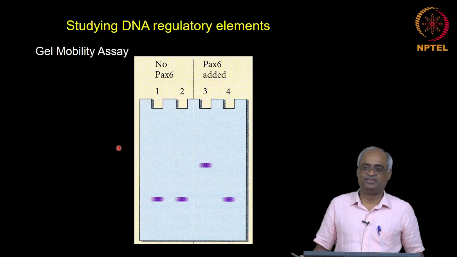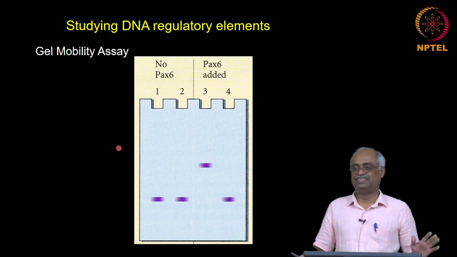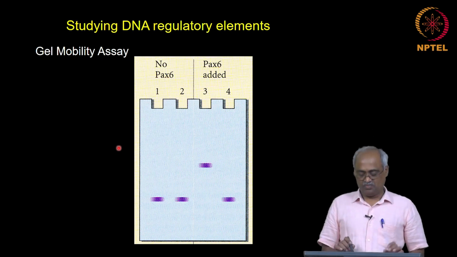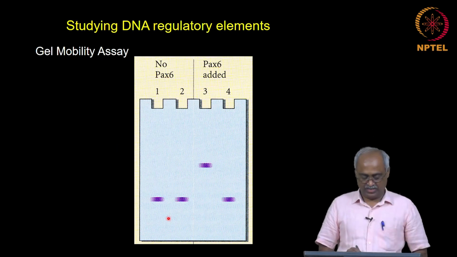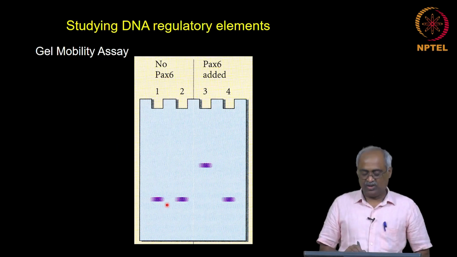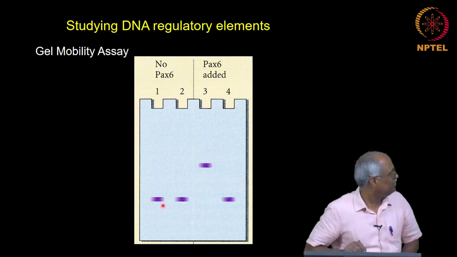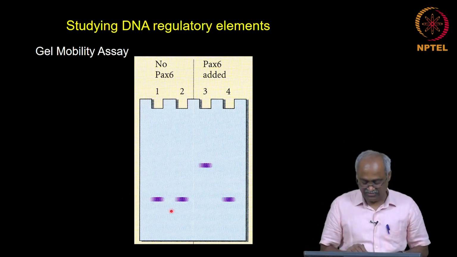Okay. So, some labs call it EMSA, some labs do not even say that, they say mobility shift, gel shift. Okay. So, it is an extremely simple technique. So, what you are actually doing is you take a radiolabeled version shown here in this whatever color that comes on that screen. Here for me it looks purple.